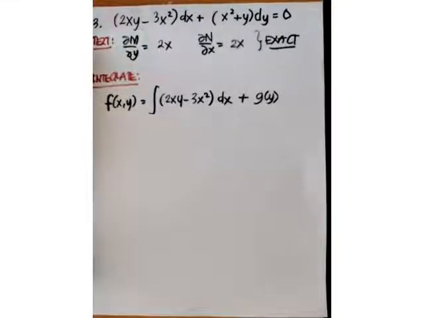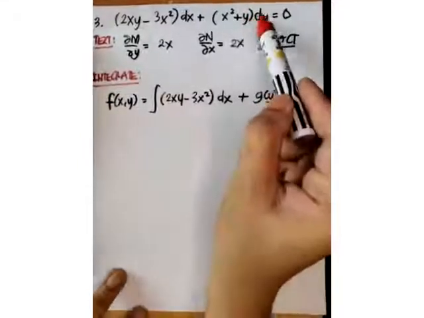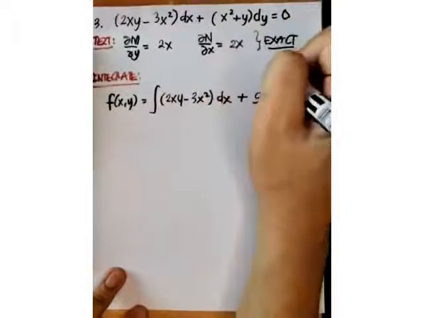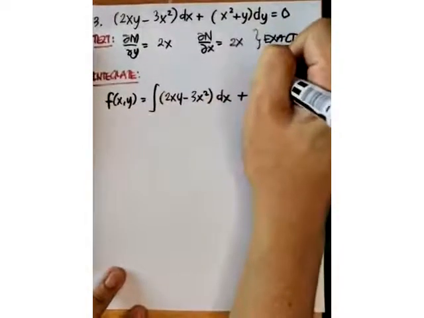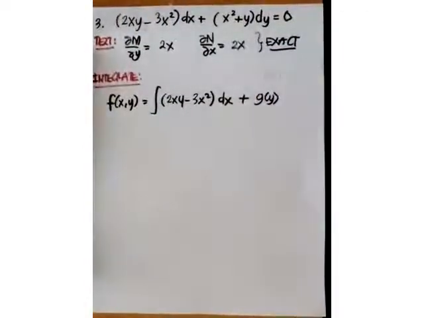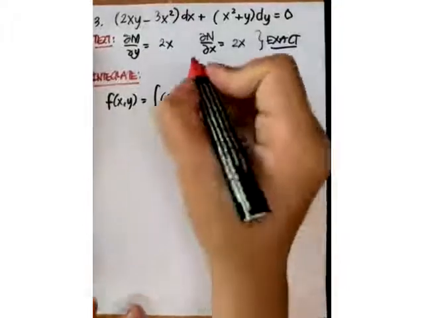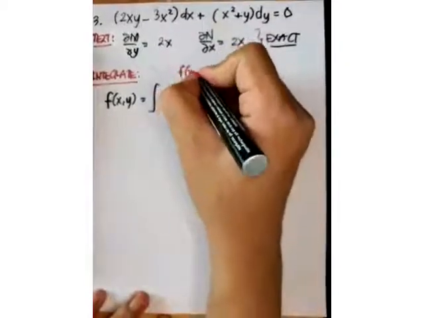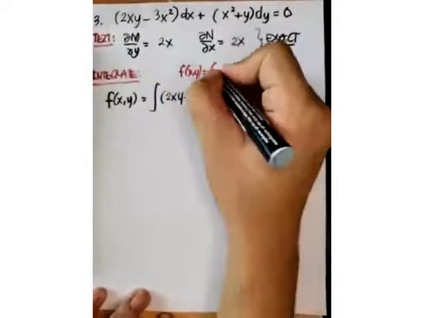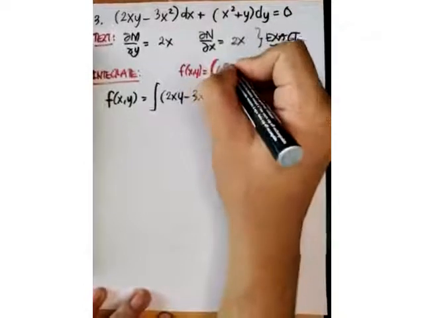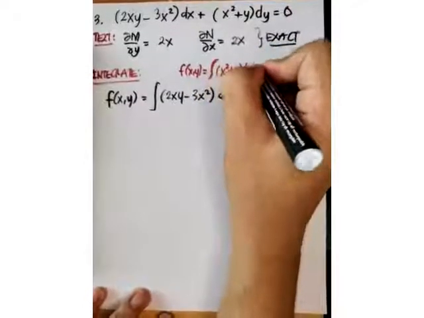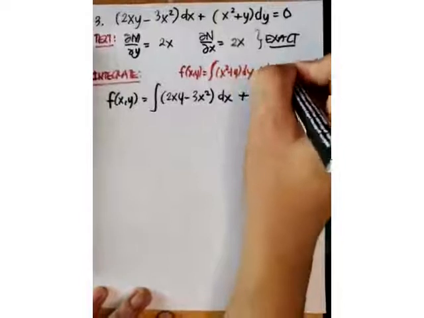So dito, ang ginawa natin, yung g of y, parang siya yung arbitrary constant. Halimbawa, ang pinili ninyo is ito. Magdi-dy to. Ang lalagay daw natin dito niyan is h of x. So halimbawa, ang pinili ninyo na f of xy is equal to the integral of x squared plus y dy plus h of x nun yung gagawin.